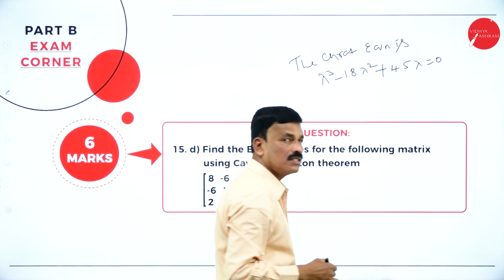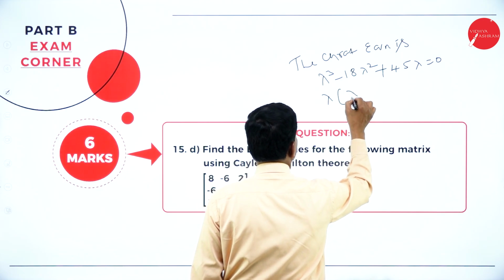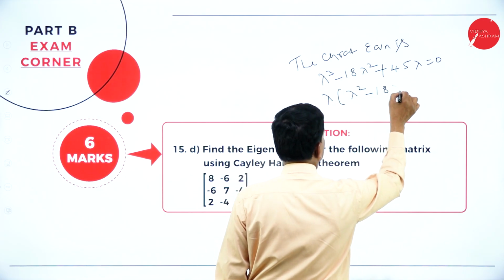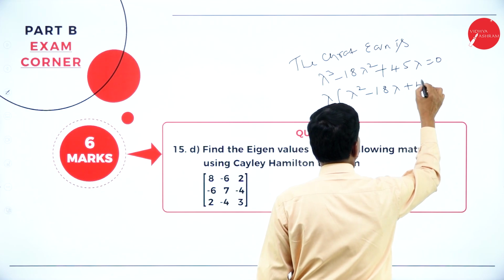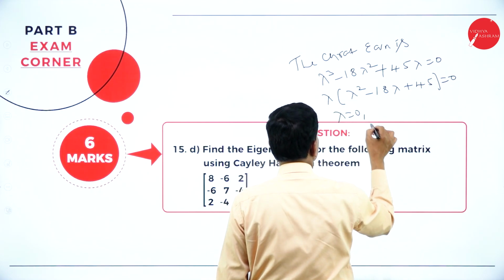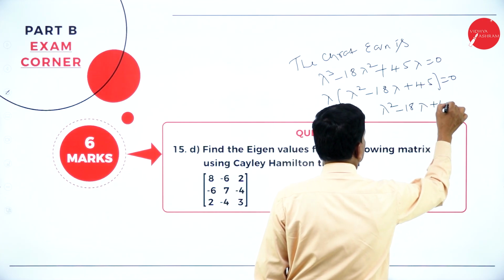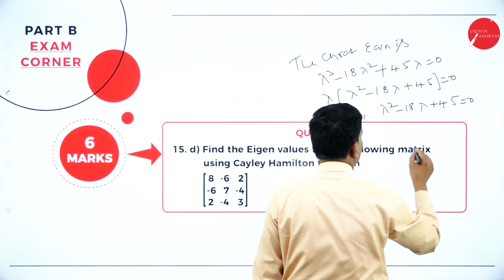Now solve this. You can take lambda as a common factor, then this is lambda square minus 18 lambda plus 45 is equal to 0. So this is lambda is equal to 0 and lambda square minus 18 lambda plus 45 is equal to 0. Factorize this.